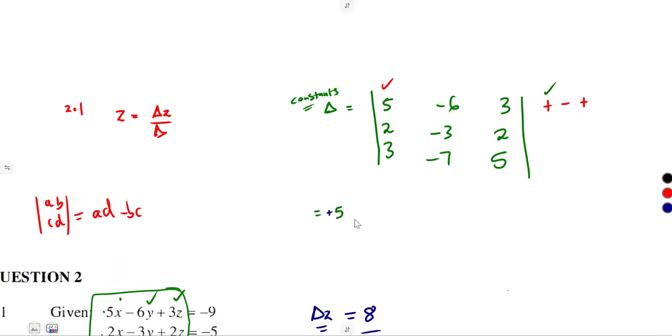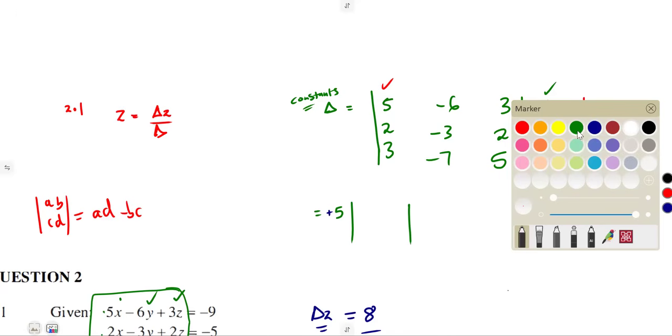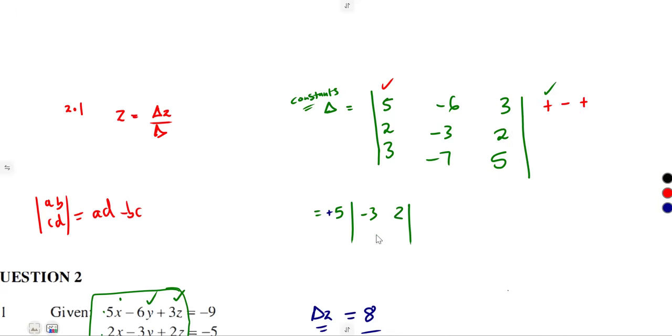Then the determinant corresponding, when we close the row and the column where that 5 is, these are the numbers that are remaining: minus 3, 2, minus 7, 5.